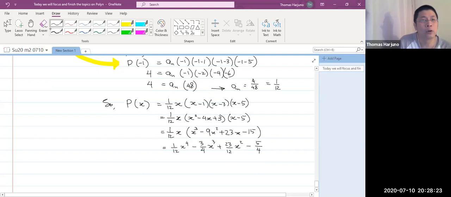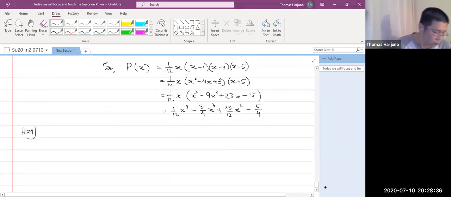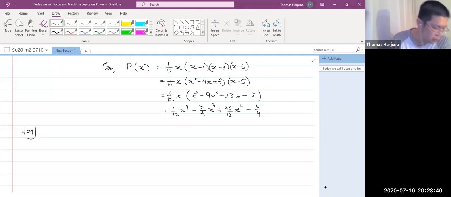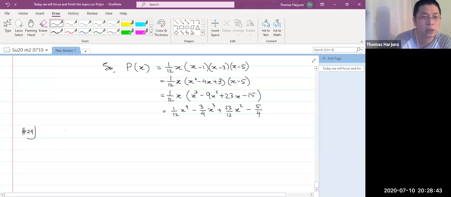How about number 24? We have a function and they want us to find the zeros and state the multiplicity for its zeros.